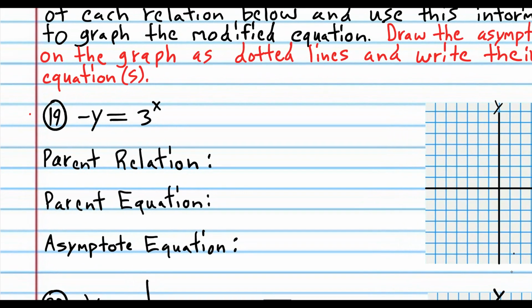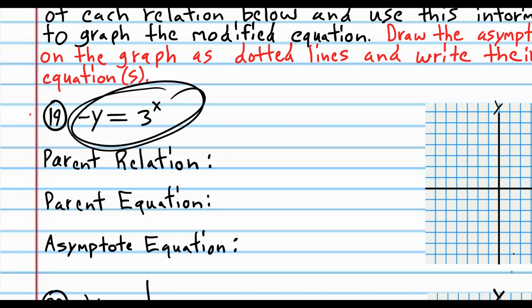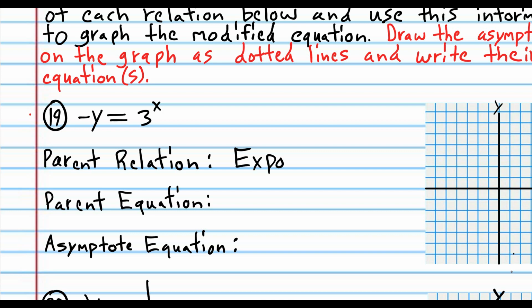So first we have to identify the parent relation, because again, we're going to use the parent relation to graph this here. So notice we have a variable in the exponent. So the parent relation we're going to use is the exponential relation. The parent equation is y is equal to a to the x.